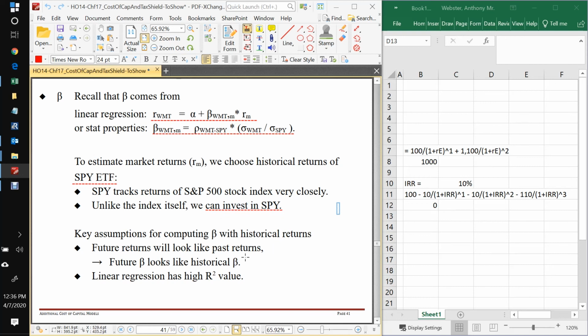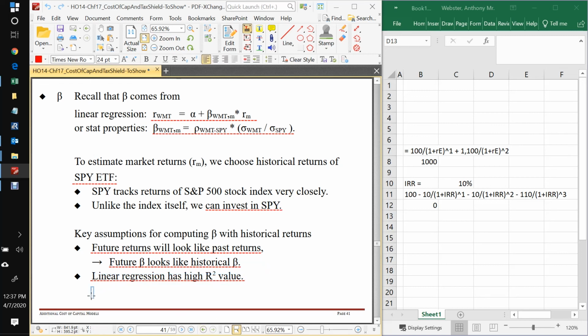Okay, so our key assumptions for computing our beta with historical returns are, again, that we are assuming the future will look like the past, so the future beta is going to look like the historical beta. And also, we're getting this from linear regression, and it better have a high R-squared value.